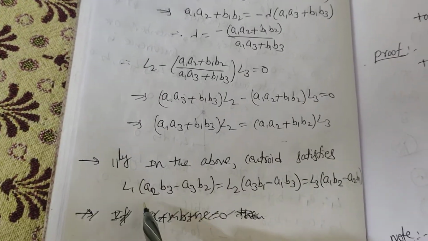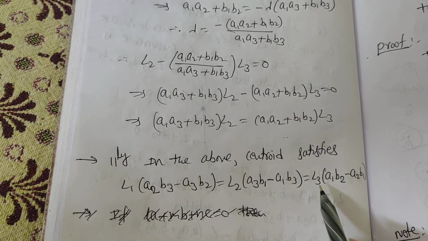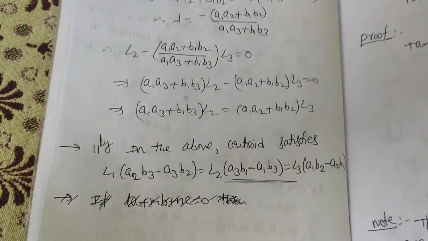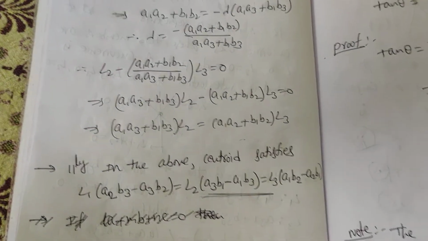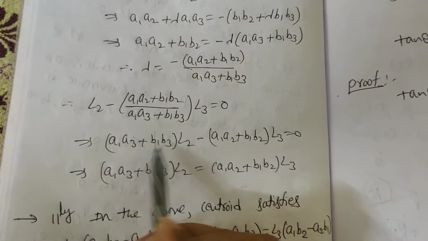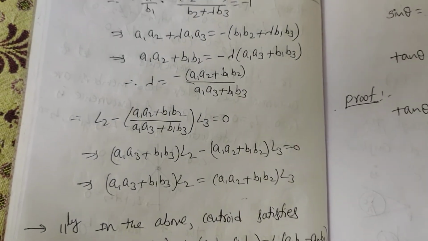So L1 of A2 B3 minus A3 B2 is equal to L2 of A3 B1 minus A1 B3 is equal to L3 of A1 B2 minus A2 B1. So this is one of the applications based on concurrent lines. Very, very important. This is for the centroid. This is for the orthocenter. Remember. So based on this, I will explain some problems.